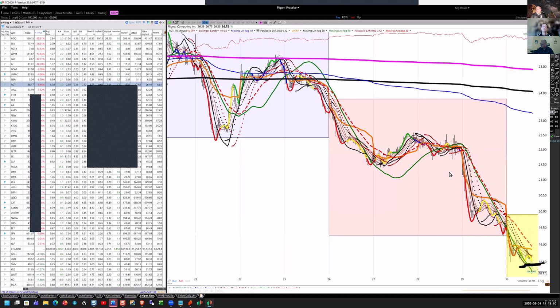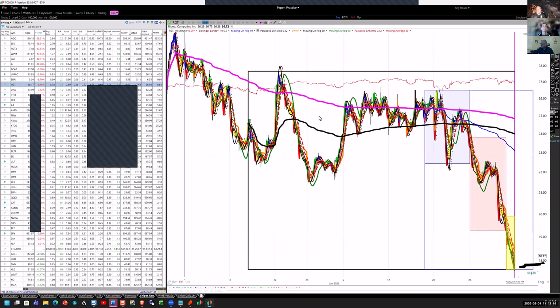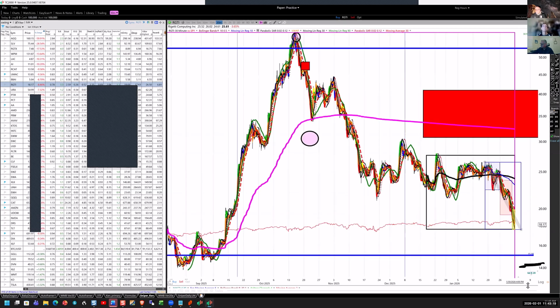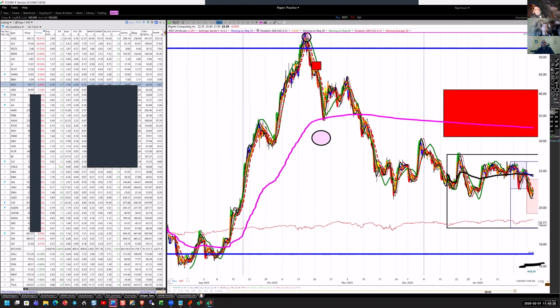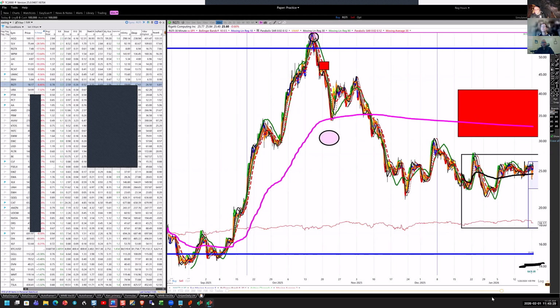Try to find where that is. It's sitting right on top of the prior high, long-term high.